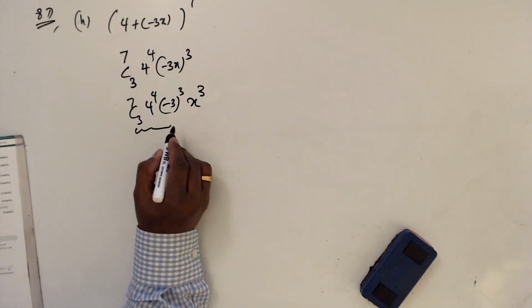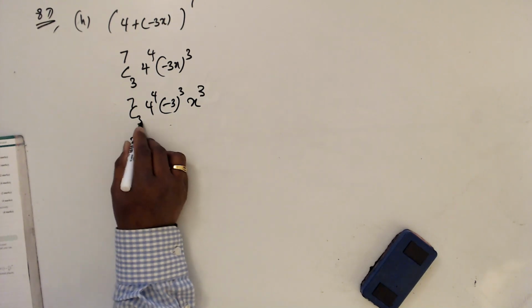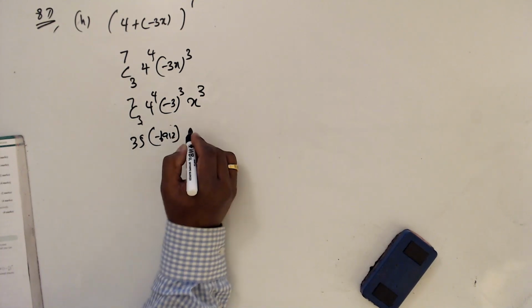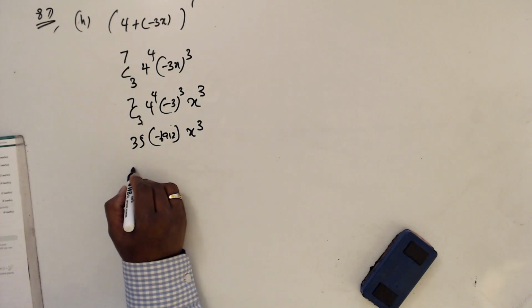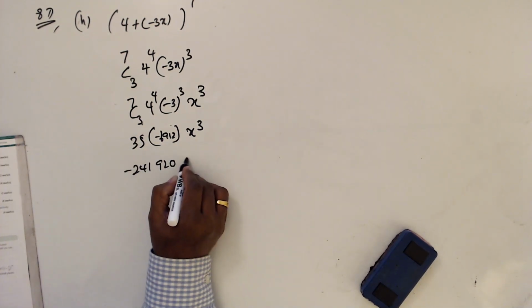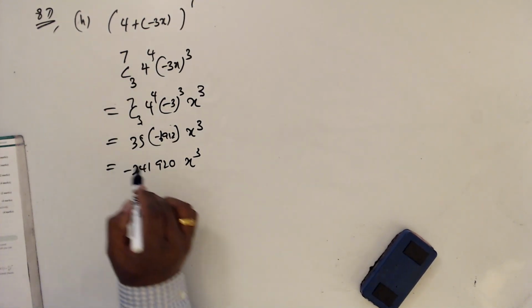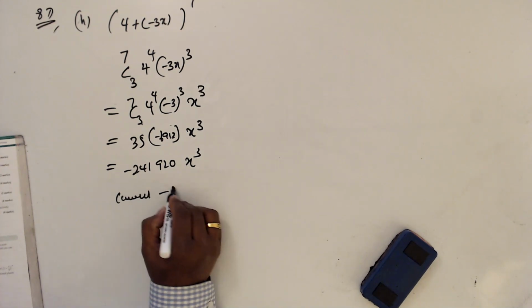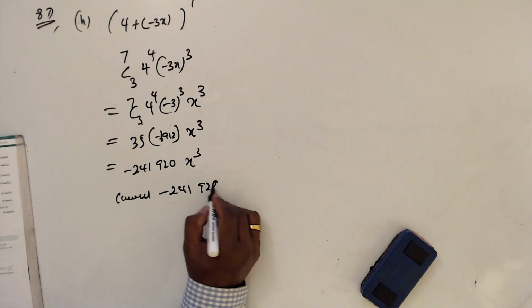So this 7c3 value is going to be 35 times x cubed. So this is going to be minus 241920 x cubed. So the coefficient is minus 241920.